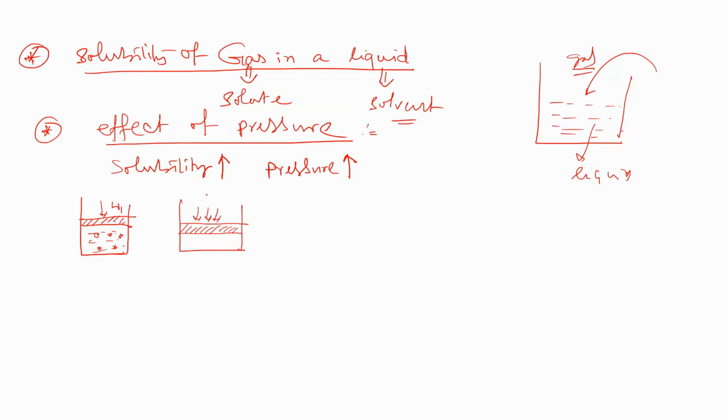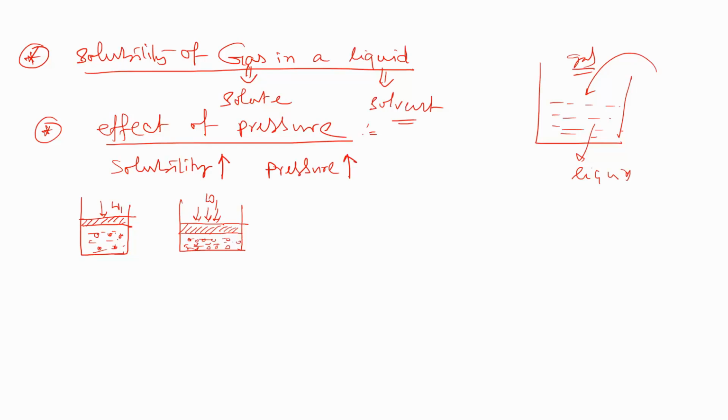We are creating air pressure 3 times. So what will happen? Whatever gaseous molecules are there will become soluble. So with increasing pressure on the liquid, the solubility of the gas in the liquid is increasing. This is the effect of pressure.